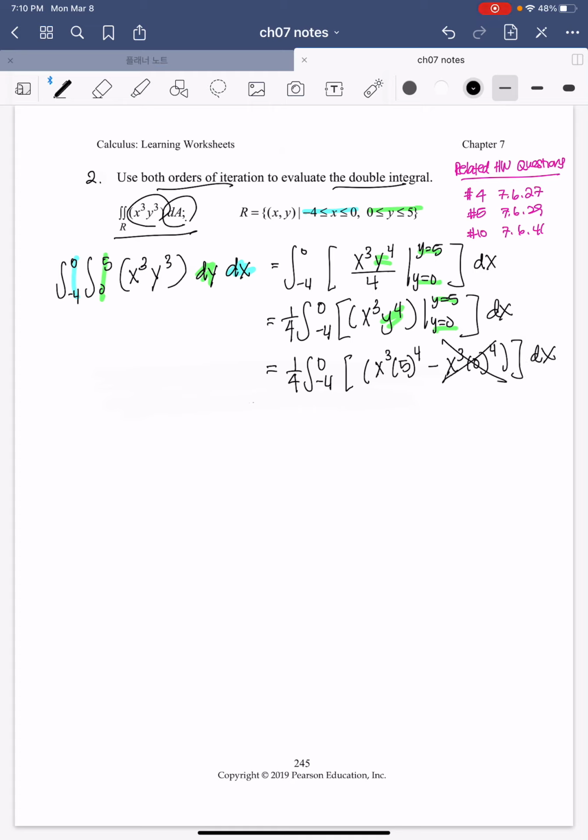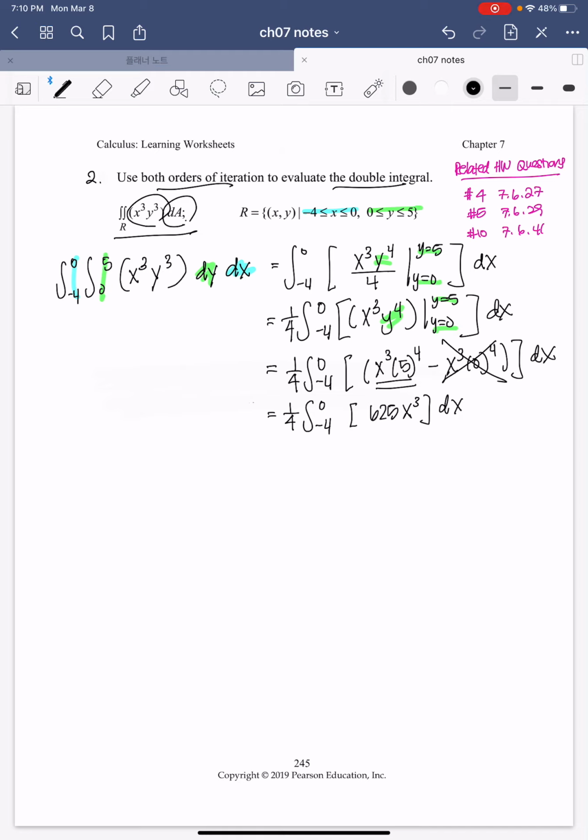This part disappears because it's a 0. So I'm going to have 1/4, -4 to 0. This 5 to the 4th power is 625. So I'm having 625 x cubed dx. Okay.